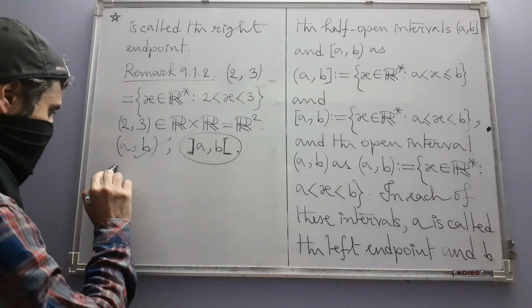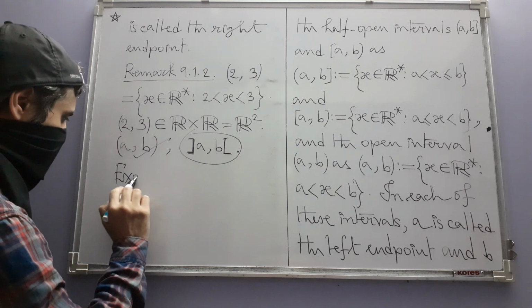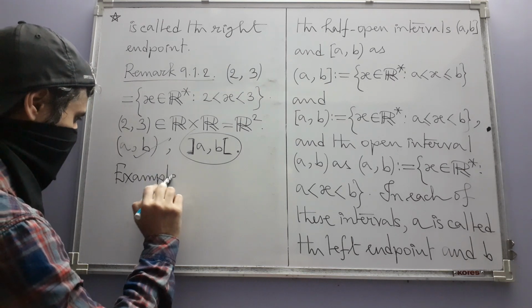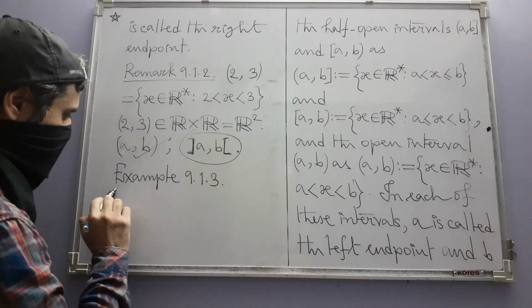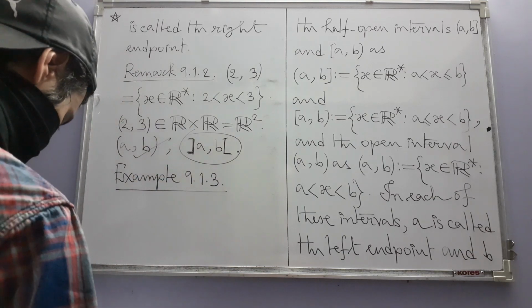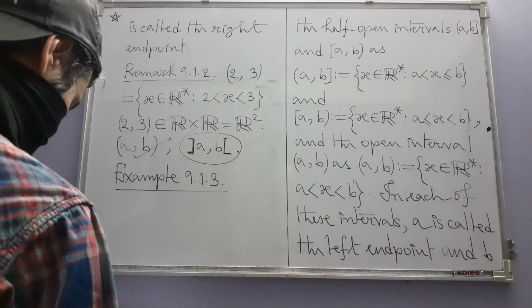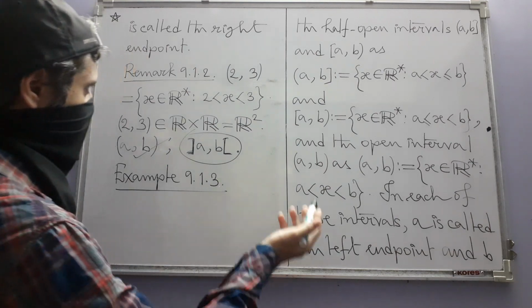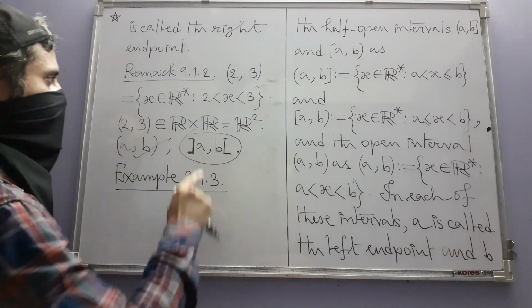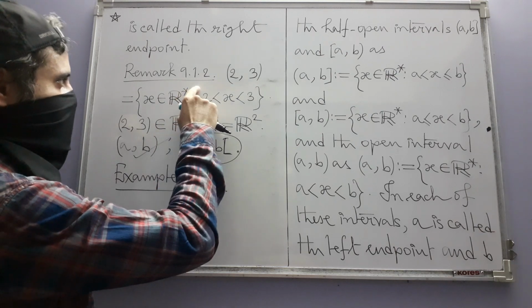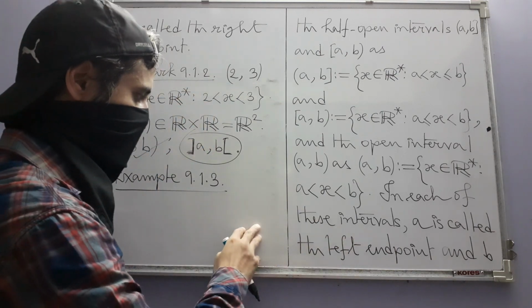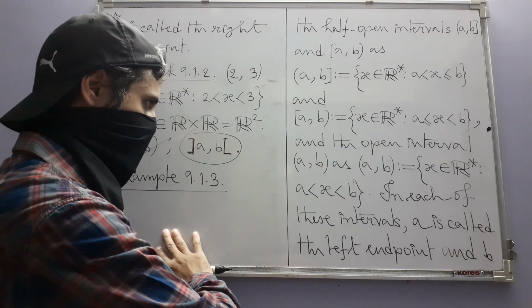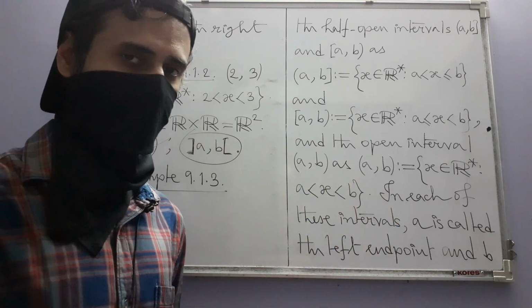Okay, now next there is an example. What this example says is, you may have noticed one thing. I have written R star here, but from your prior knowledge of these things, there is no way that you haven't seen these things before.